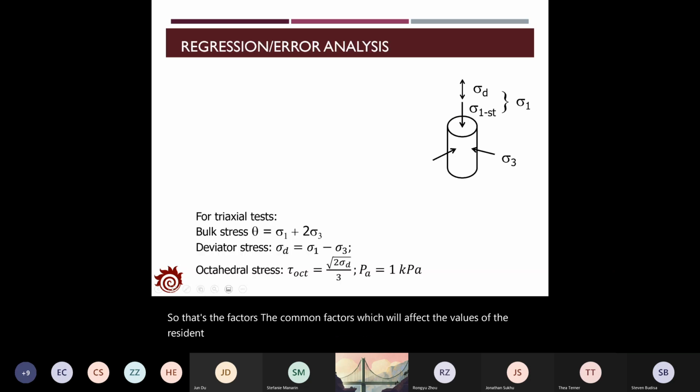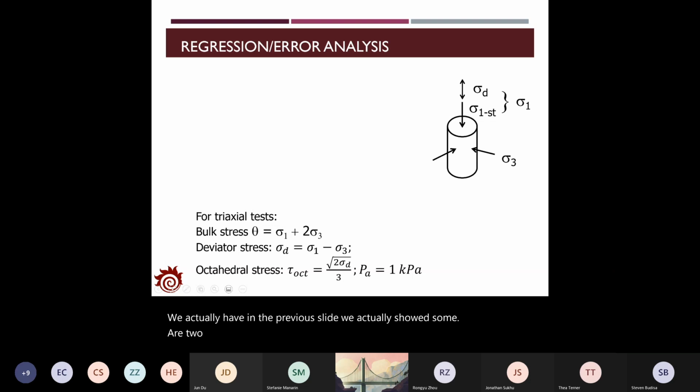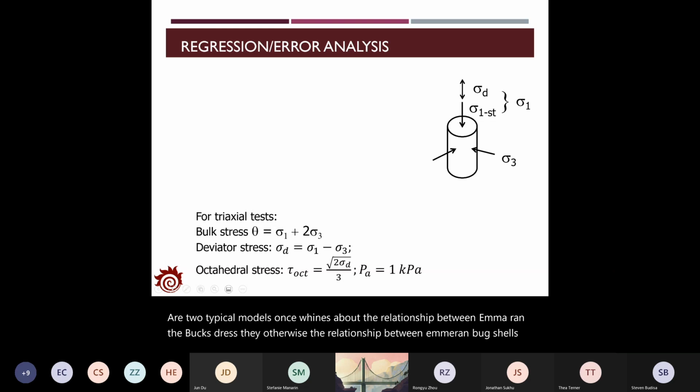And in the previous slides, we showed two typical models. One is about the relationship between MR and the bulk stress. The other is the relationship between MR and the bulk stress and the deviator stress. Actually, we have some other models to describe the relationship.